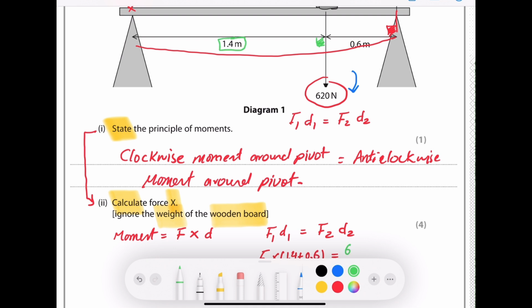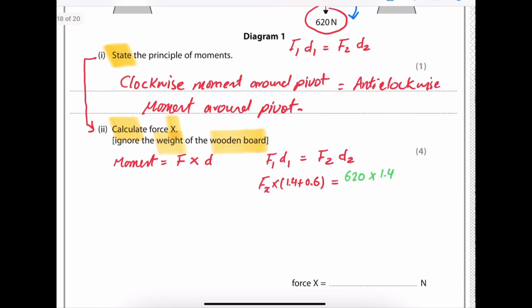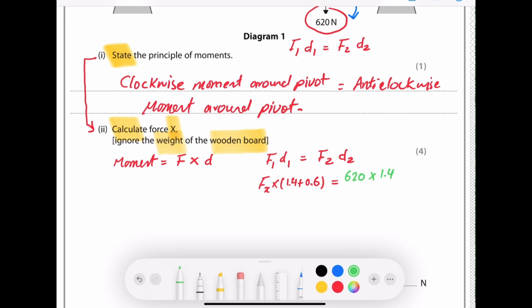So 620 times 1.4. Is that enough to get 4 marks? I think you should rearrange the equation. So F of X equals 620 times 1.4 divided by 1.4 plus 0.6, which is 2.0 meters.